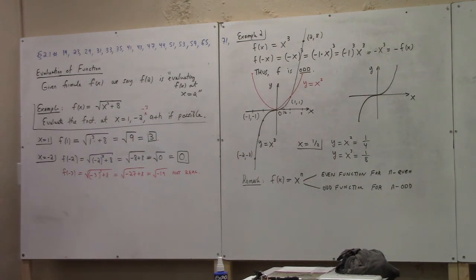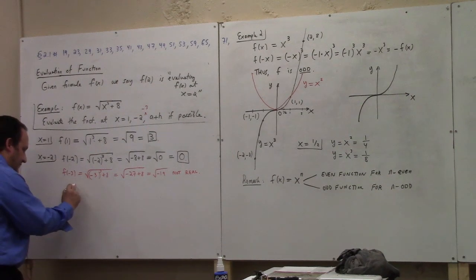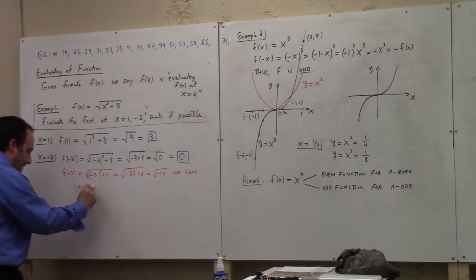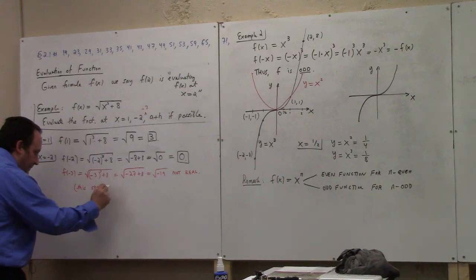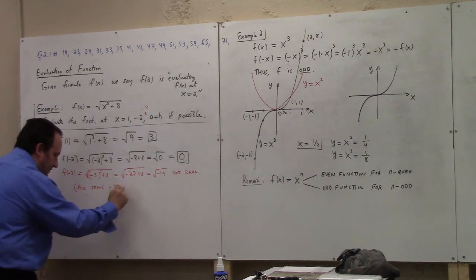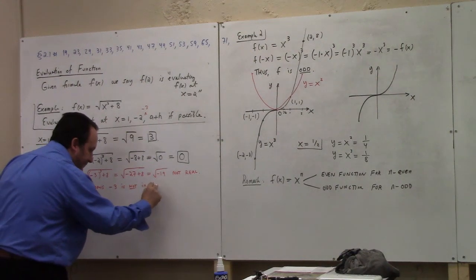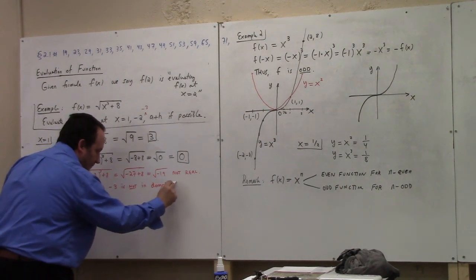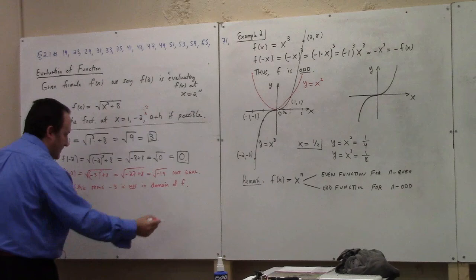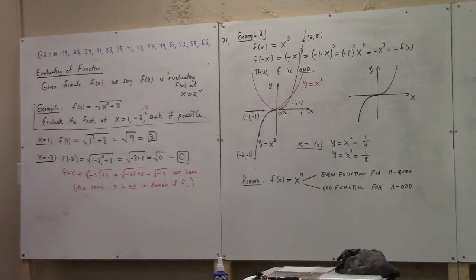And so what that shows me is that minus 3 is not in the domain of f. Right? So we can only evaluate points inside the domain, right?